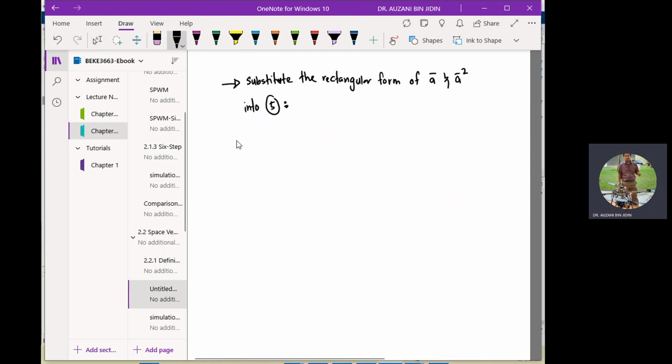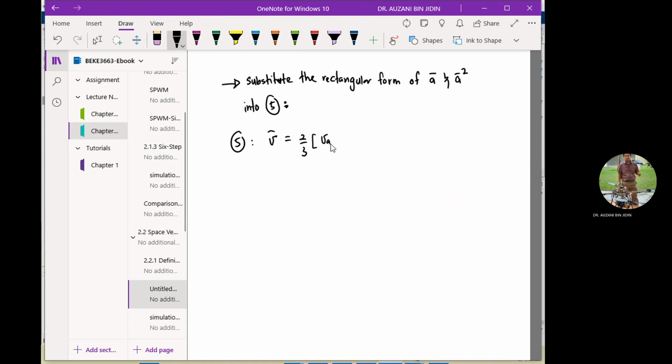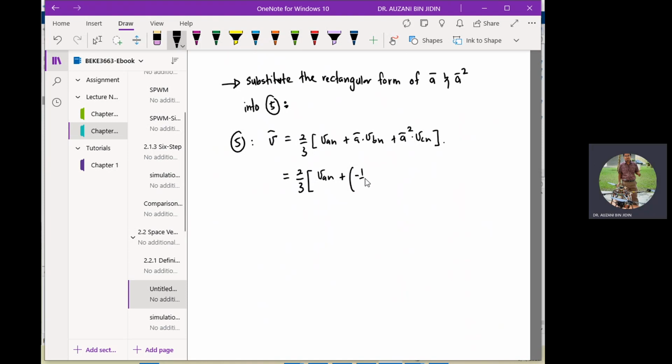Okay, so this is equation number 5. I rewrite again. So V is 2/3 is the scaling factor. Okay. So now you can substitute the unit vector A and A power of 2. So where your A is what? Minus half.